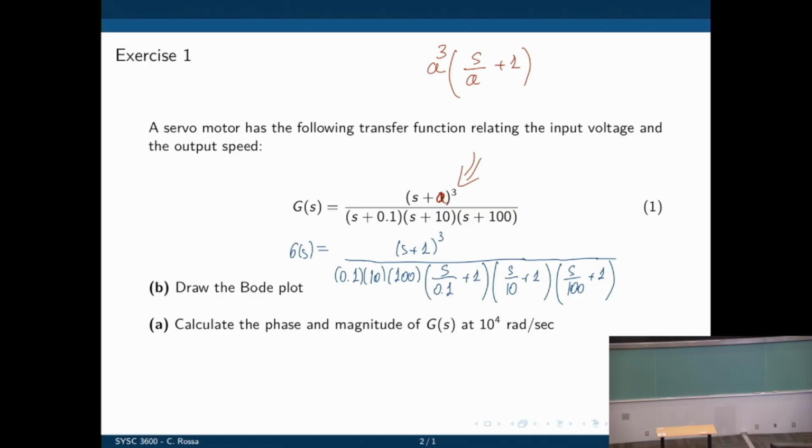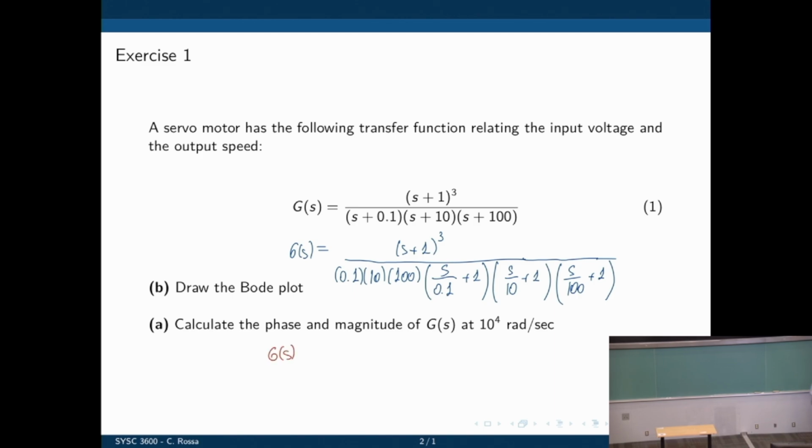Okay. So now that we have all the poles and zeros in the format we want, we can find the gain of the transfer function, the DC gain, or the gain that we just factored out there.